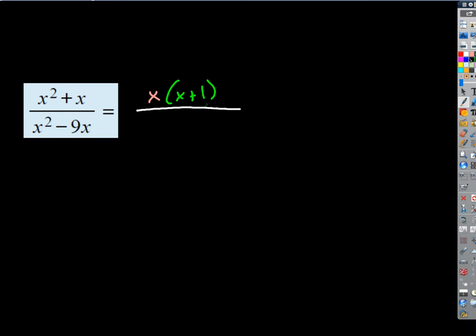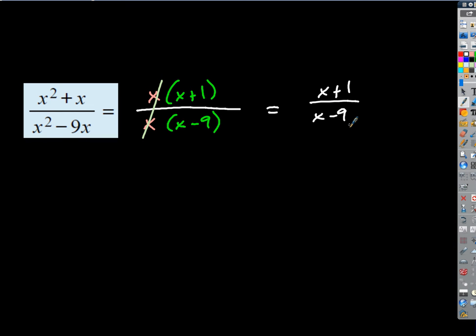On the bottom, what am I going to get? x times x minus something. Okay, algebraically, is there any cancellation there, any common factors? The x's cancel, right? So our simplified answer is just going to be x plus 1 divided by x minus 9.